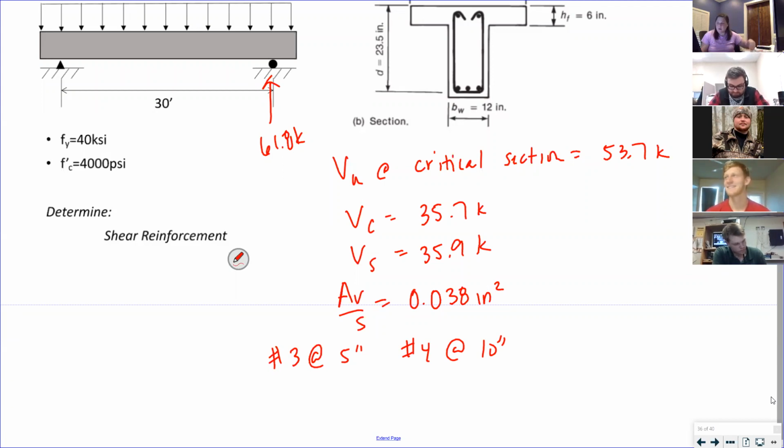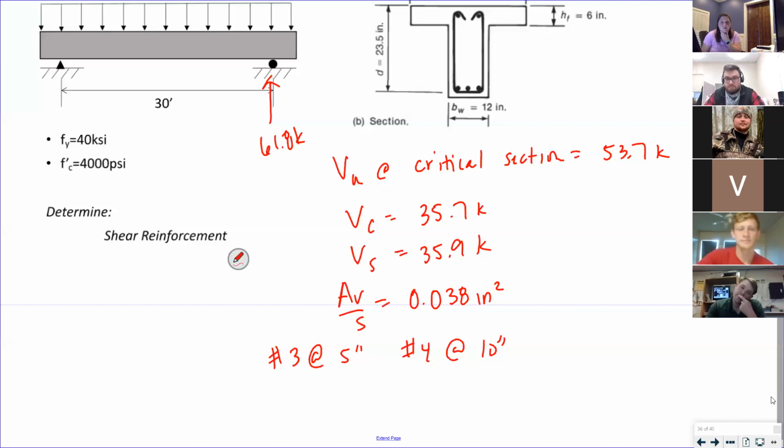Just wanted to practice those numbers. Did you guys get similar ones? Yeah, we got 10 at the ends and then the max spacing of 11.75 pretty much in the middle. Not a lot needed because that maximum spacing is going to limit you, right?